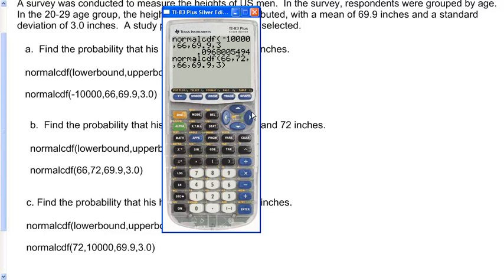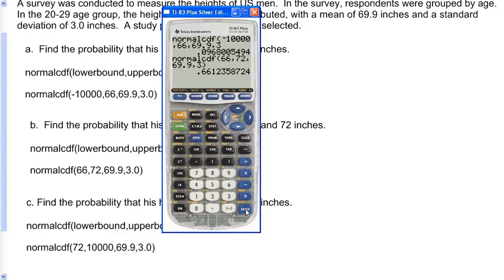So I'm going to come over here, and I'm just going to delete some numbers. Whoops, wrong way. And I'll need to kind of type in and fill this in. 69.9, comma, 3, parentheses, and enter.